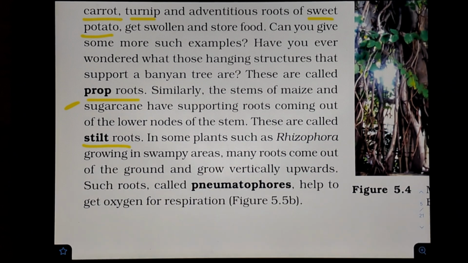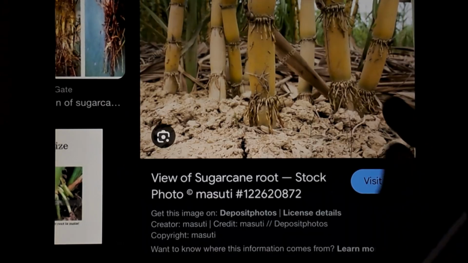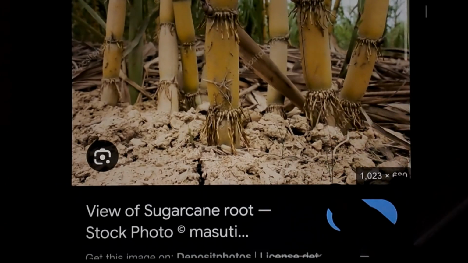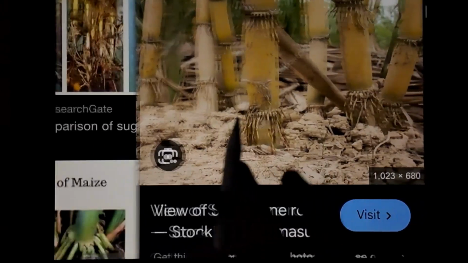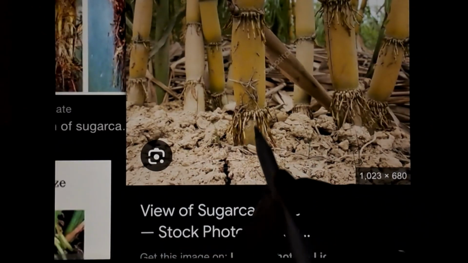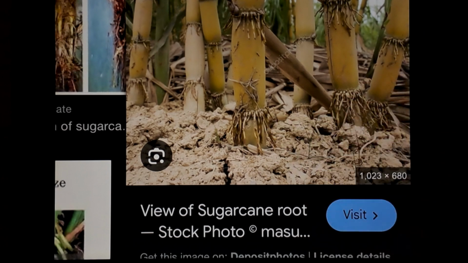Let's see an example for that. Here we are seeing the picture of corn. You can see this, I think this is the sugarcane. You can observe better. Here, this is the internode, and you can observe that the roots are arising from here and going into the soil for stability.